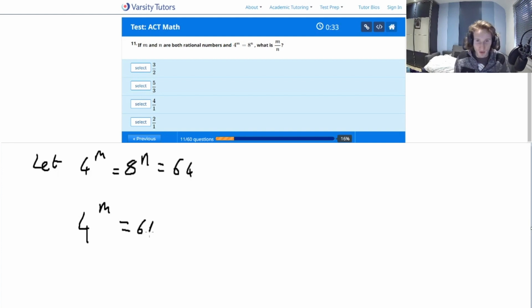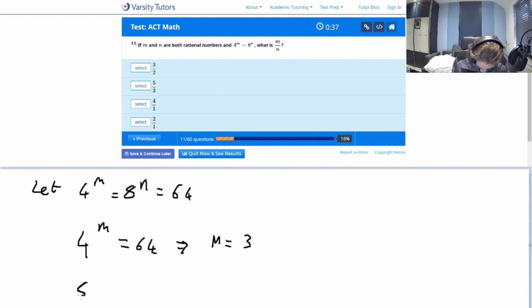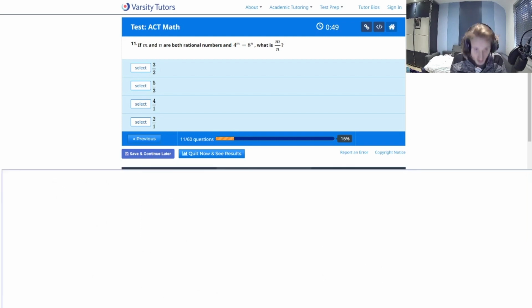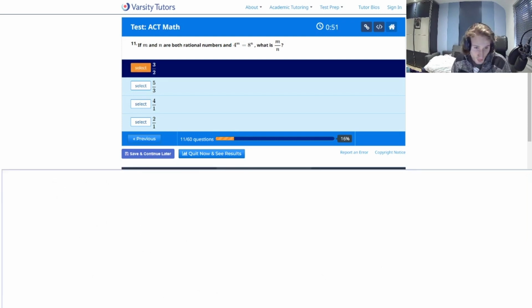Actually, I'm just going to put it in terms of k. 2 to the power of 2k. And 8 to the power of n is equal to 2 to the power of 3k. So m over n is equal to 2/3. No? Wait, what? 3 over 2, yeah, that's what I meant.